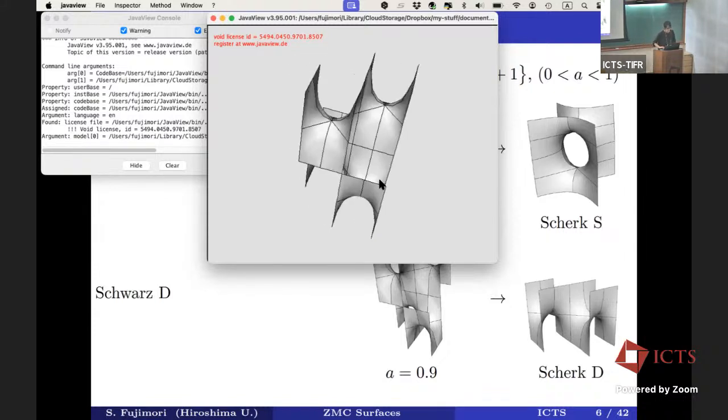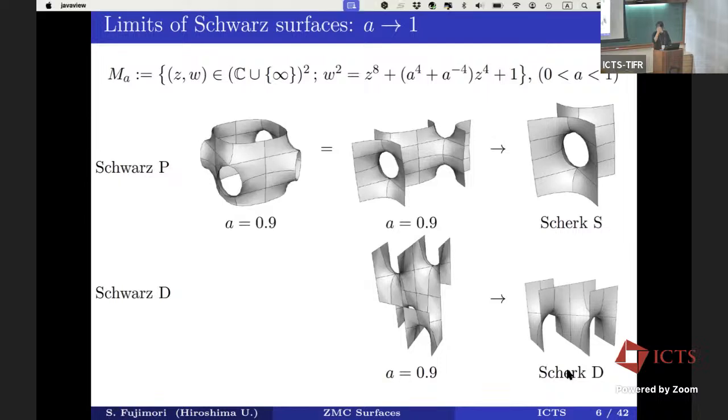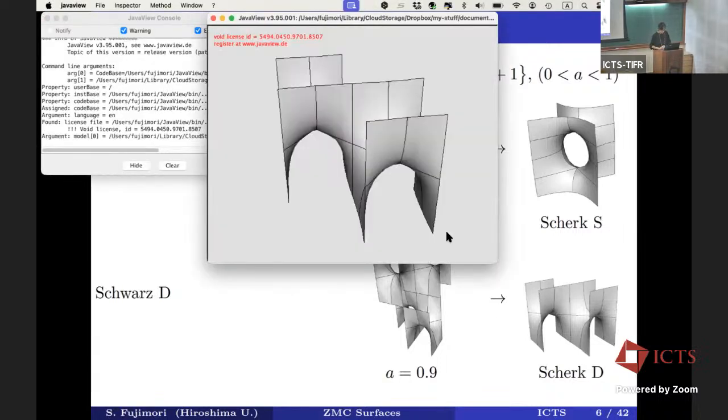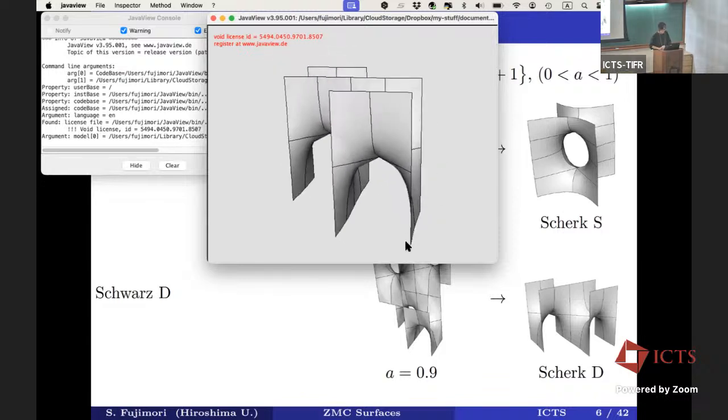And really, if we take the limit, we have the Scherk surface. And this surface is doubly periodic. So here we have many vertical lines, and one can reflect by rotating 180 degrees with respect to these lines.